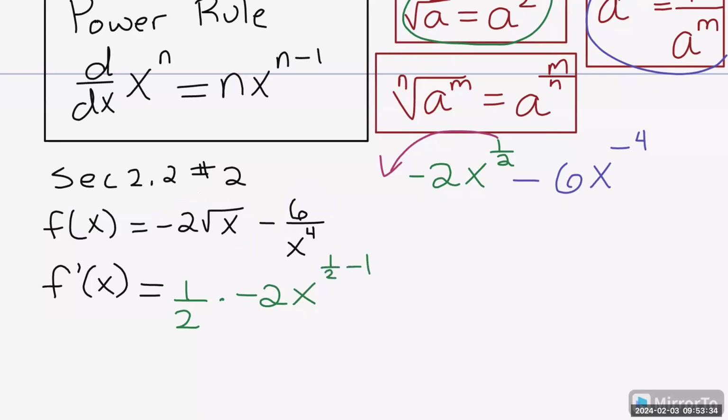So you always subtract 1 from your exponent. And then minus, and then I apply my power rule here. And so I will have -4 times 6x to the -4 minus 1.